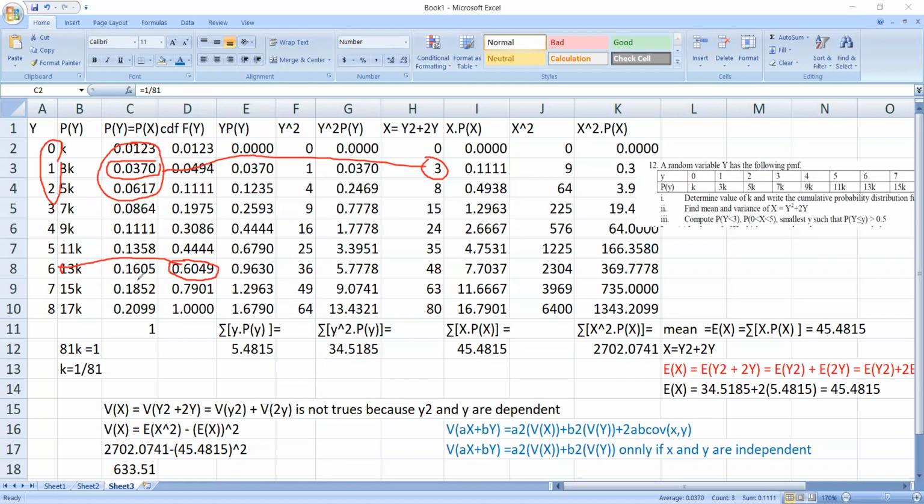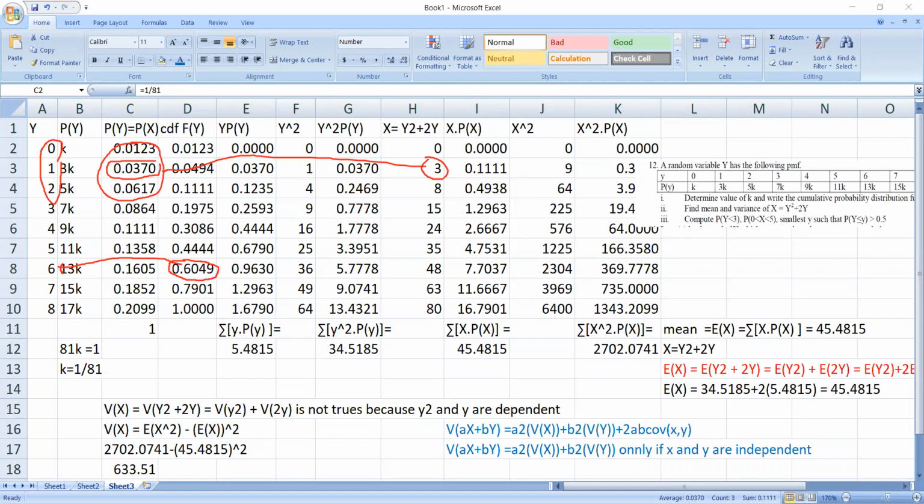Fine. Many of you still have confusion with the CDF distribution function. Please read and understand the concept of the distribution function. Next, problem 13 is very easy.